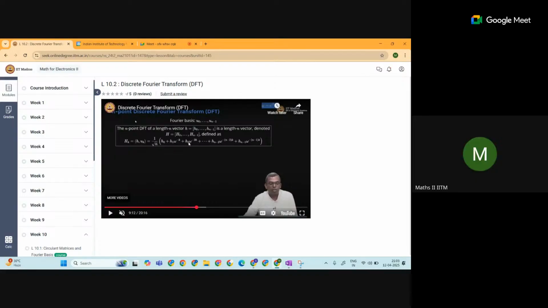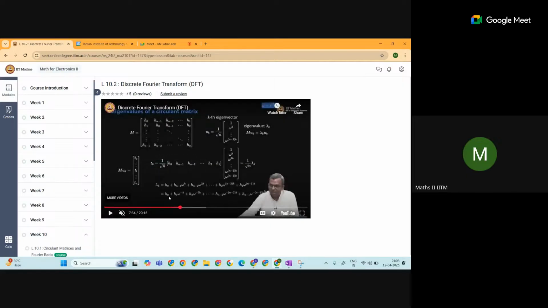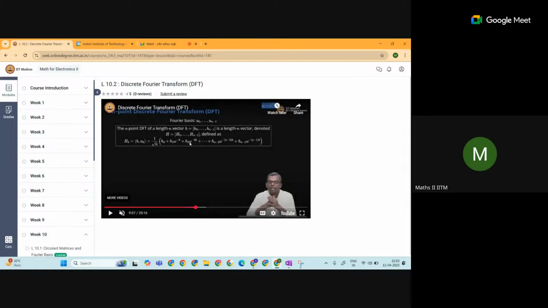If divided by the square root, that will become your normalized one. See the formula h0, h1, omega: here the formula h0, h1 is the same, only divided by just the root. So the n-point DFT you can easily get. So try to match it. All these formulas are important.